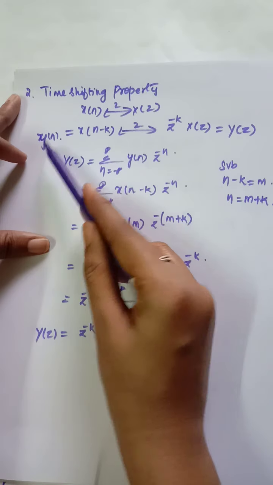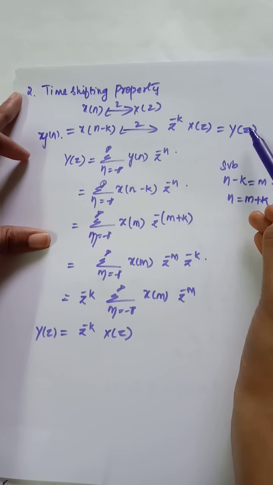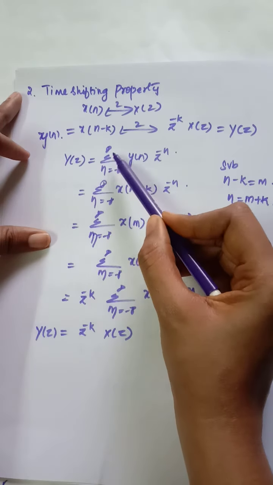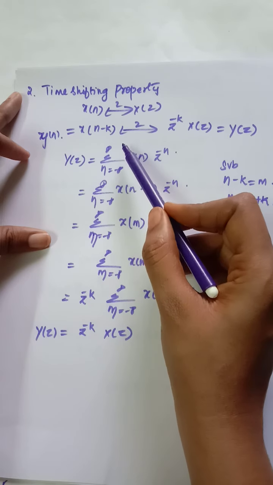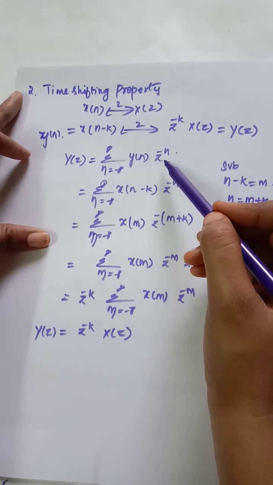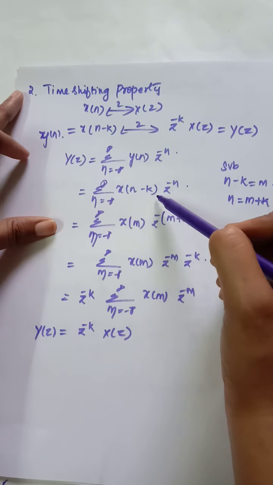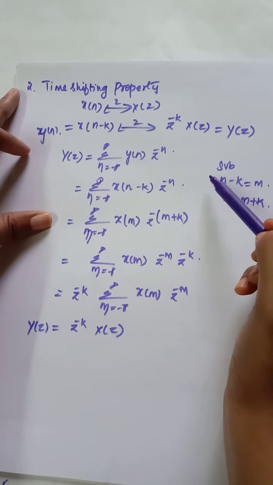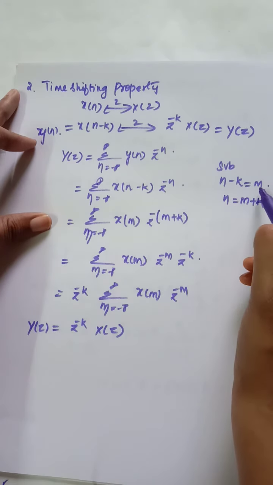Here we have assigned y of n, and this we have assigned as y of z. So y of z is equal to summation n equal to minus infinity to infinity y of n z power minus n. Here y of n is x of n minus k. Now we are going to use the substitution method: n minus k equal to m, therefore n is equal to m plus k.